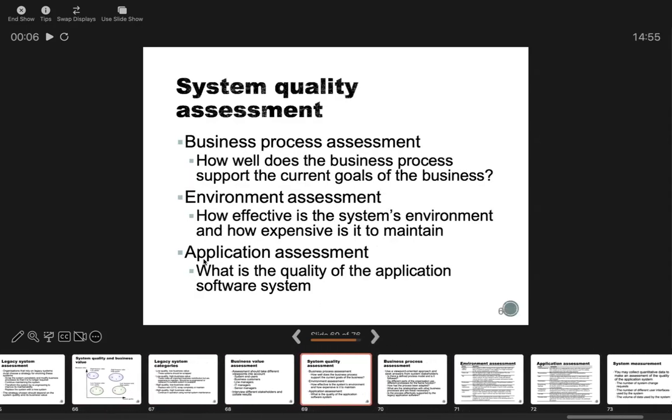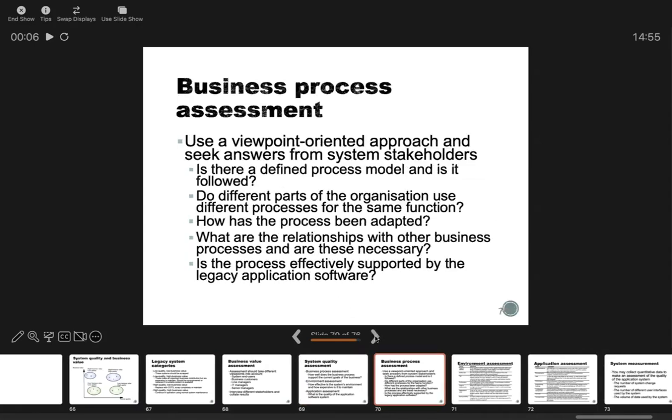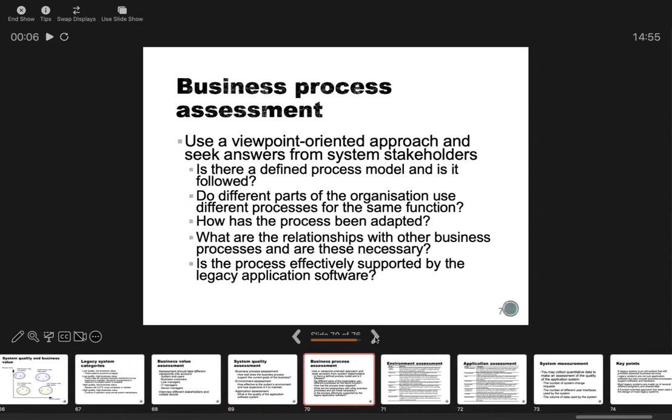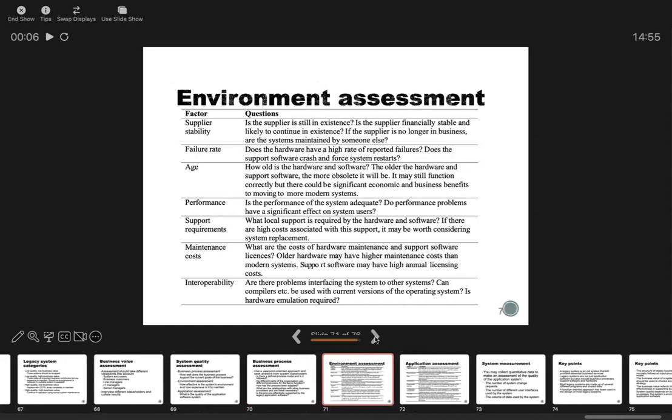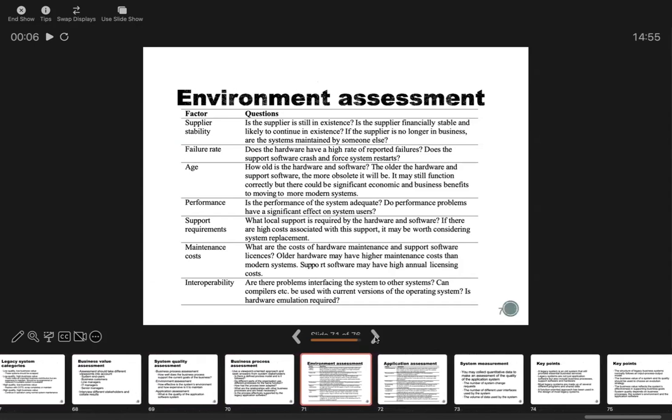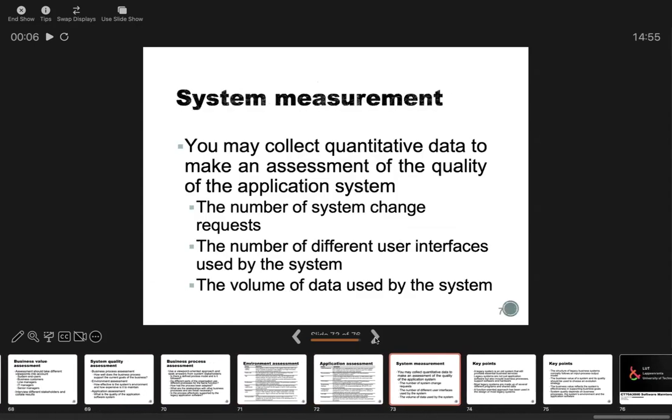For system quality assessment, we need to check the business process, even the environment, how effective those are, and even the quality of the application software. So these are the different environment assessments.